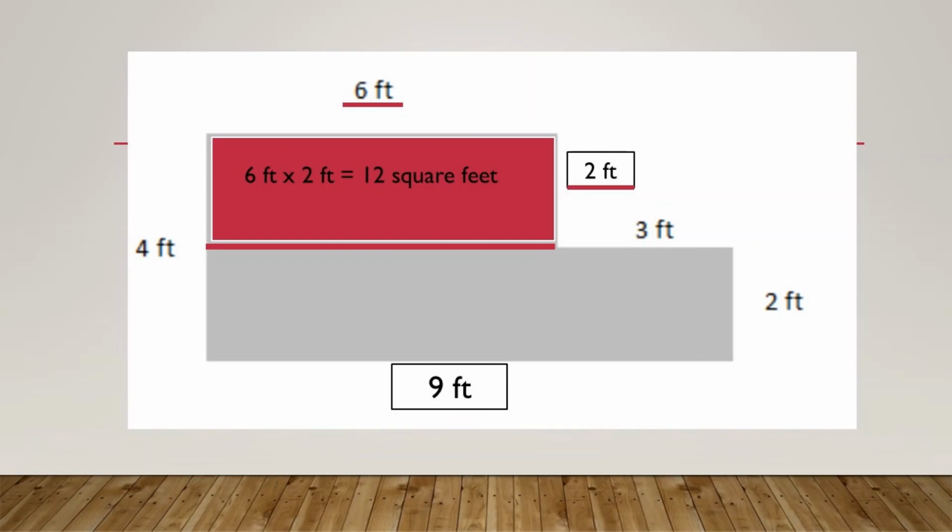Now we'll find the area of the patio by finding the area of each smaller rectangle. Using the top rectangle first, we can multiply the length times width, 6 feet times 2 feet, and we find that the top part is 12 square feet.